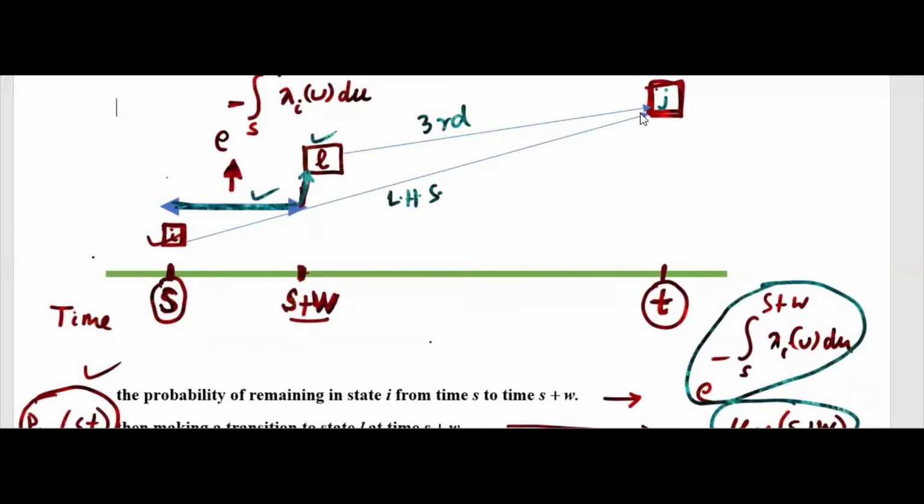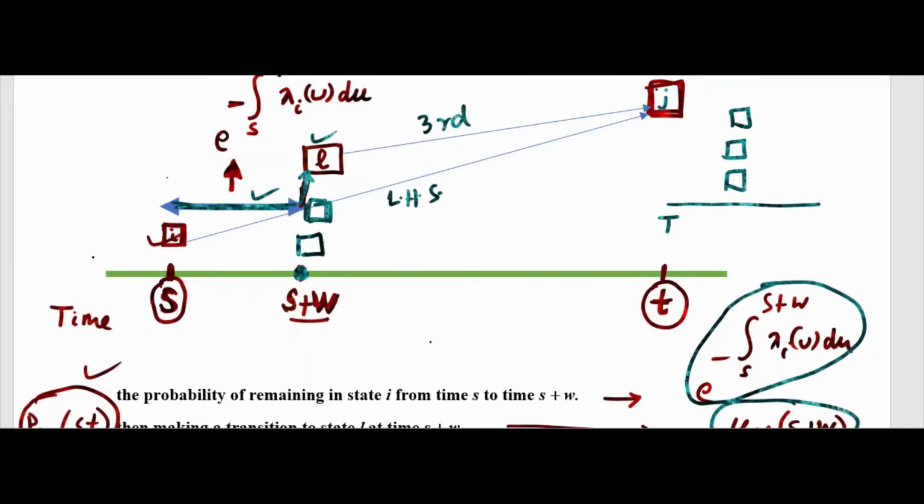So we have to see at this time how many states are there. Though we are talking about a continuous time stochastic process, we are not talking about a continuous state stochastic process. We are talking about continuous time but discrete states. Continuous time, continuous state will not come in CT4, I mean CS2. That will come in CM2 only.